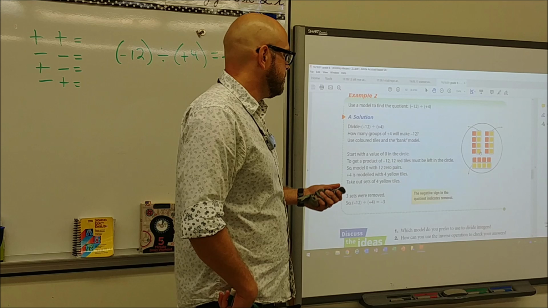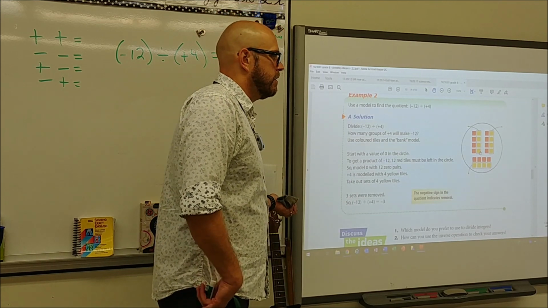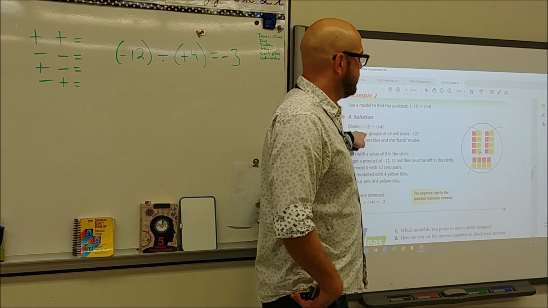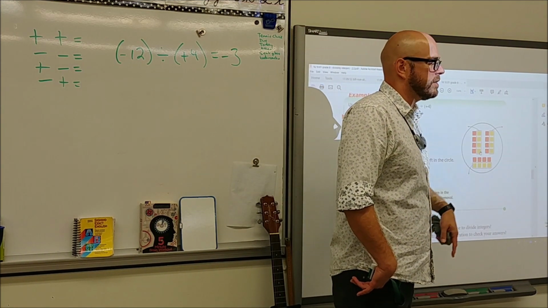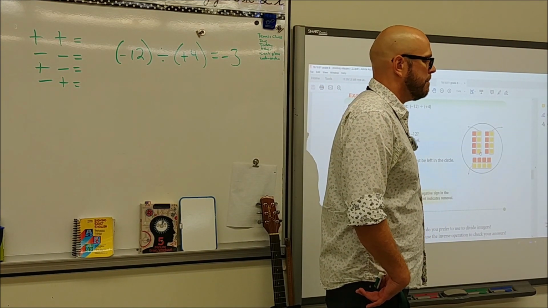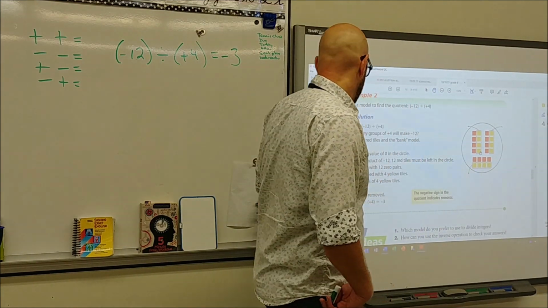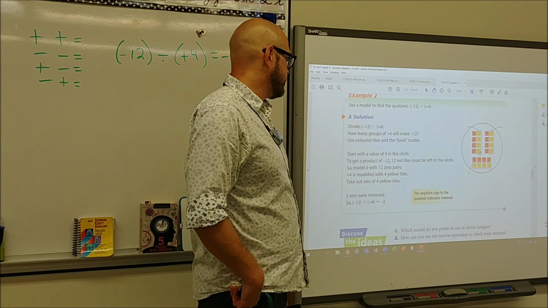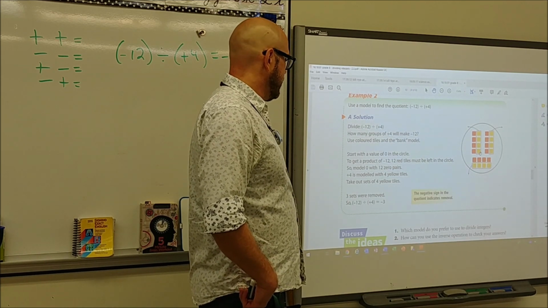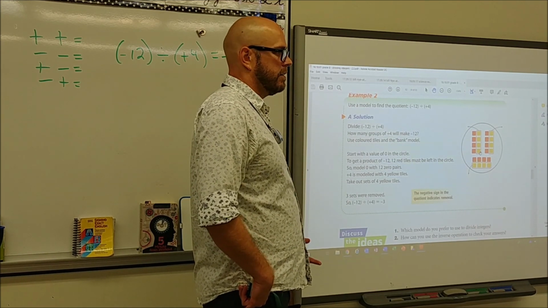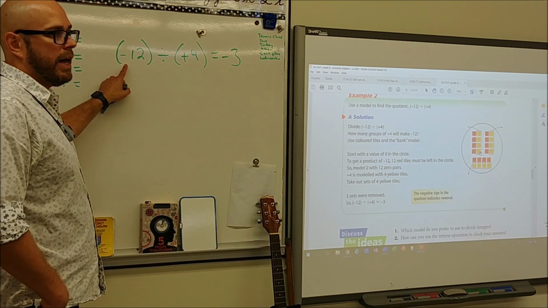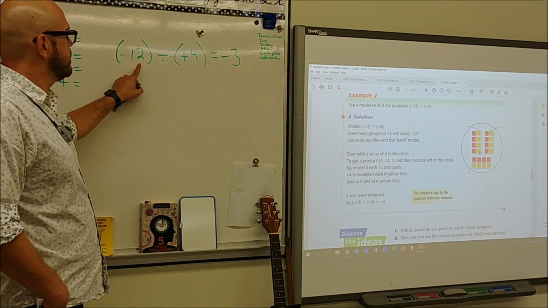12 red tiles must be left in the circle. So I know that I'm dividing -12. So that means I gotta get rid of all the others to start that -12 off, right? So if I get rid of all of those, you've got model 0 with 12 0 pairs. +4 is modeled with 4 yellow tiles. Take out sets of yellow tiles. So check this out. I have -12.